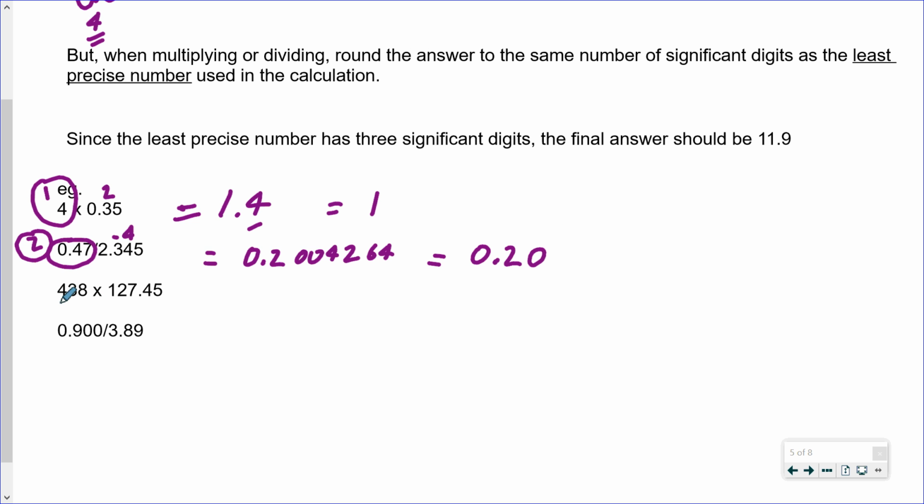Next one that we have here, 438 has 3 significant digits. This one here has 5 significant digits. So our final answer, when we take 438 and divide it by our 127.45, also has to have 3 significant digits. So a bunch of numbers from the calculator, 3.4366.